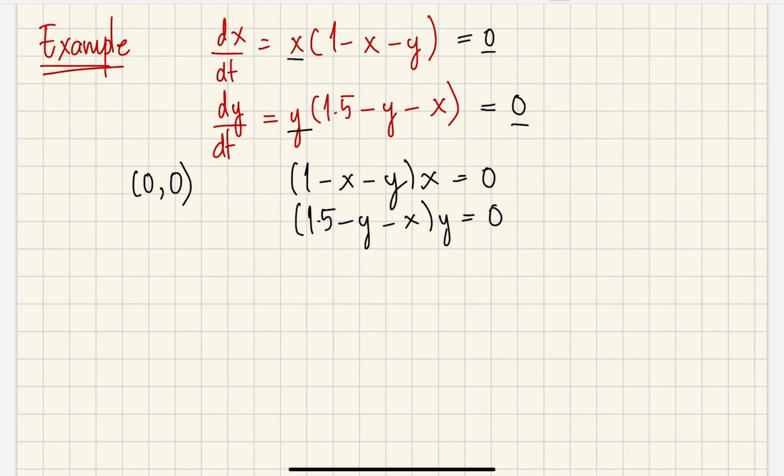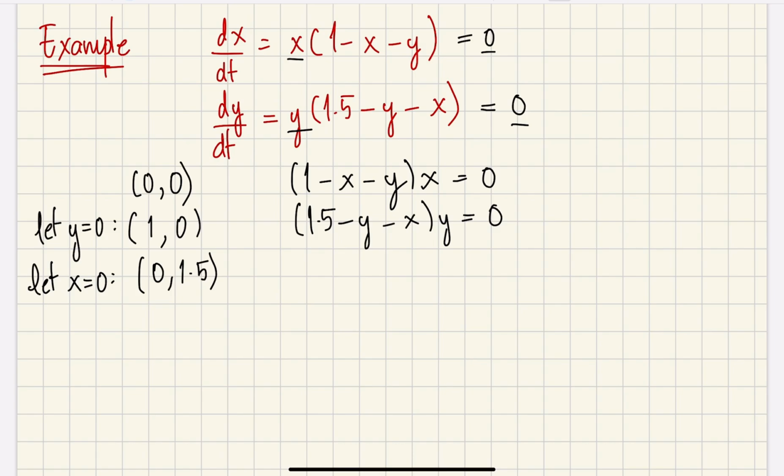What I'm going to do is I'm going to let y be 0, then we get x as 1. And then I'm going to let x be 0, then I get y as 1.5.